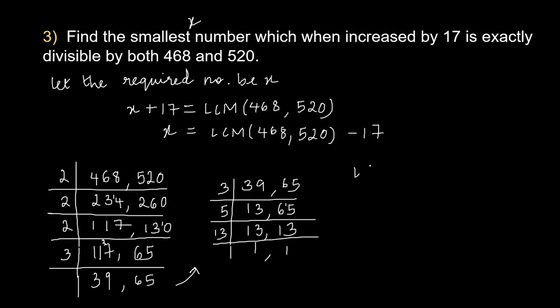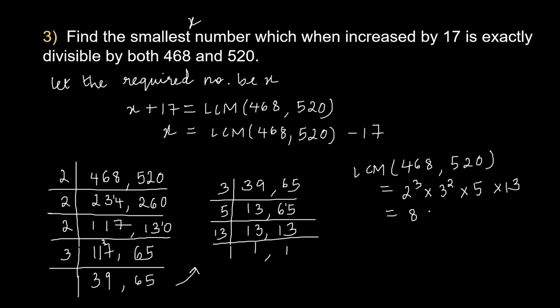So the LCM of 468 and 520 is 2 cube, 3 square into 5 into 13. So this is going to be 8 into 9 into 5 into 13. 8 9s are 72, into 5 3s are 15, carry 1, 5 1s are 5 and 6.